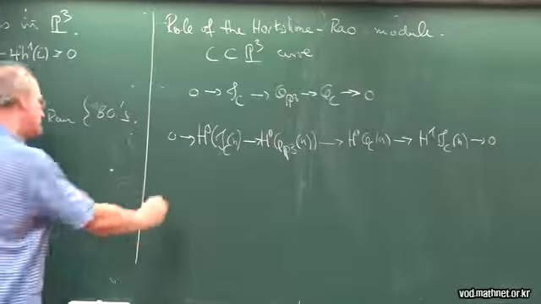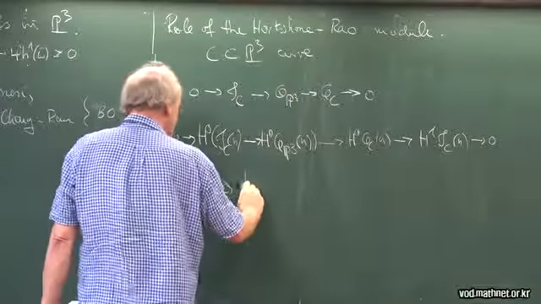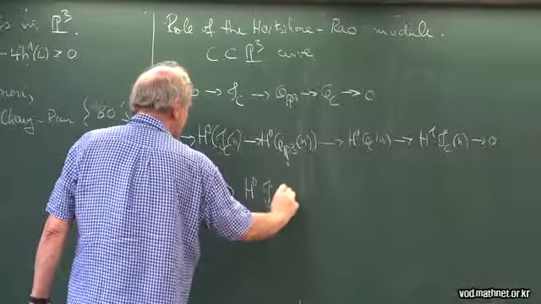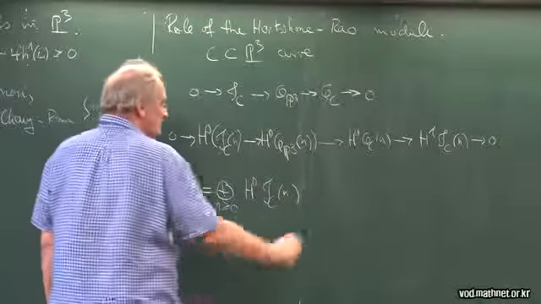Right? So I_C, the homogeneous ideal, is the direct sum over n greater or equal to 0 of H0 of I_C of n, so the homogeneous ideal.